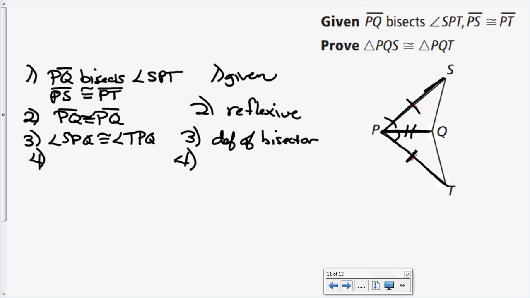Side angle side, right? Okay. And they didn't ask us to find the corresponding parts, so we stop. We don't have to go any further. It's always easy when you have a side that's connected to both. Okay?